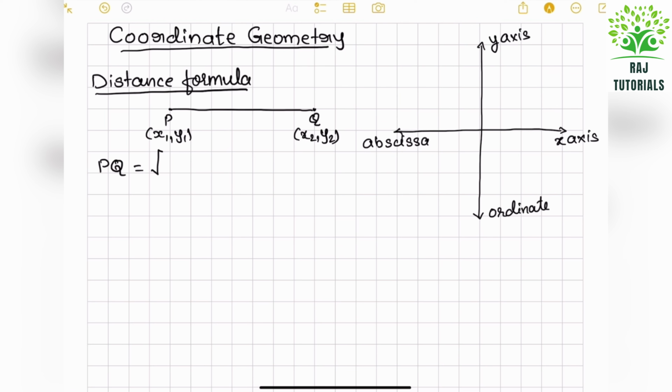So if I want to find the distance PQ, it will be square root of x2 minus x1 whole square plus y2 minus y1 whole square. This is called distance formula, and it gives us the shortest distance. We call it as distance.